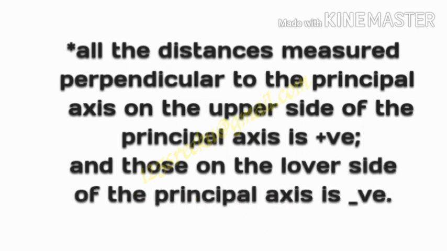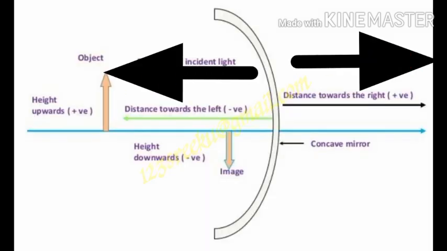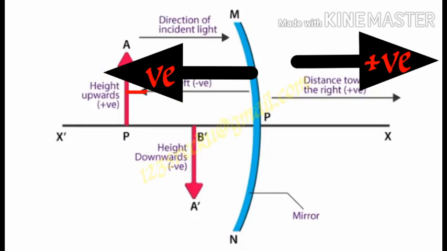The measurements taken parallel to the principal axis are object distance, image distance and focal length. If these distances are measured on the left side, then we have to assign a negative sign, and if they are measured on the right side of the mirror, we assign positive.